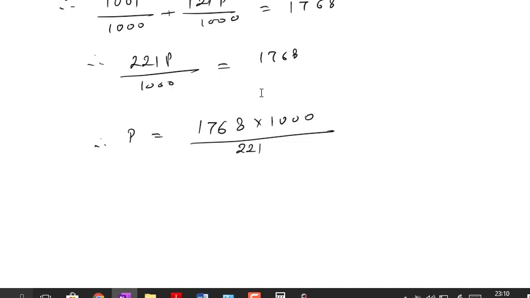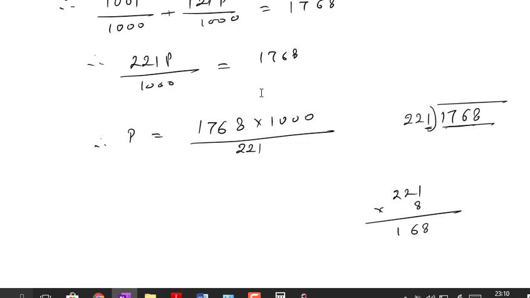Now I will divide 1768 with 221. I cannot divide 176 with 221, so I will take the whole 4 digits, 1768. Let us see the product of 221 into 8: 8 times 1 is 8, 8 times 2 is 16, 8 times 2 is 16 plus 1 is 17, so 1768.